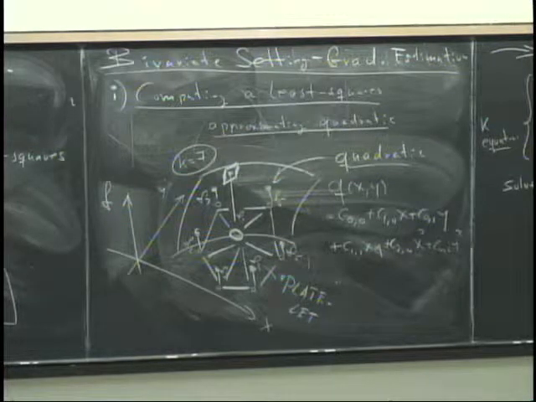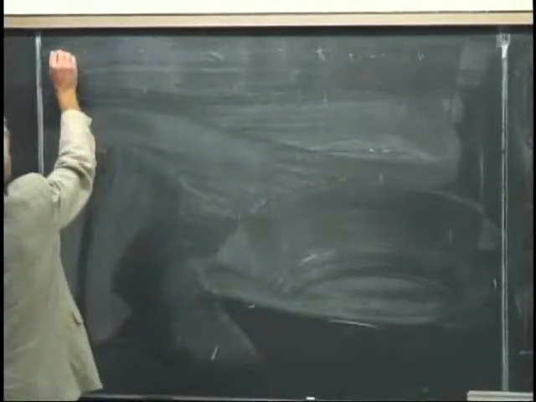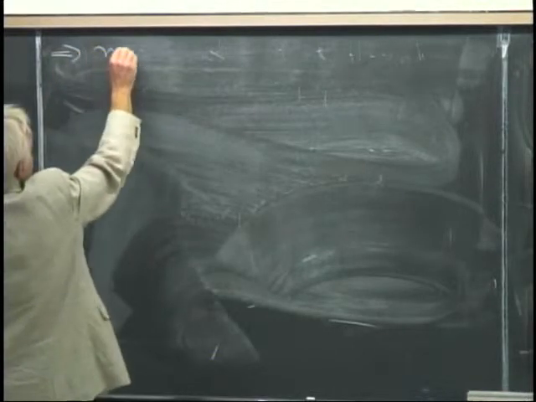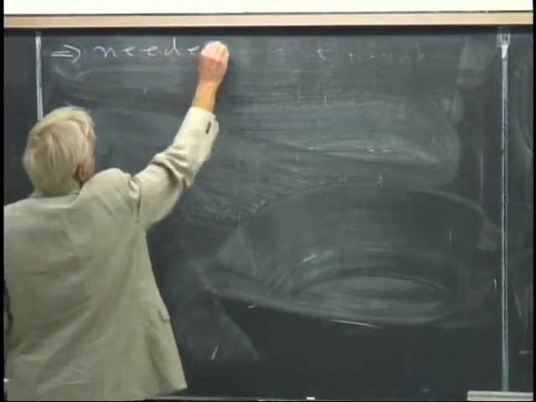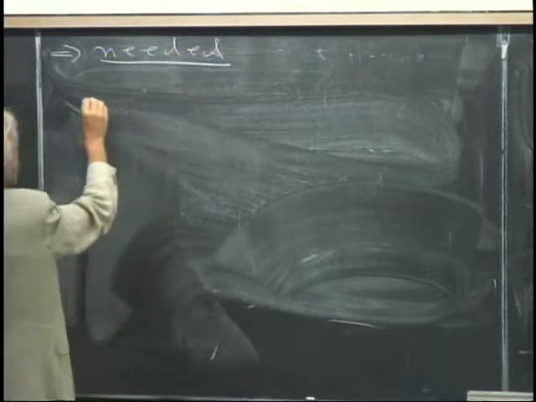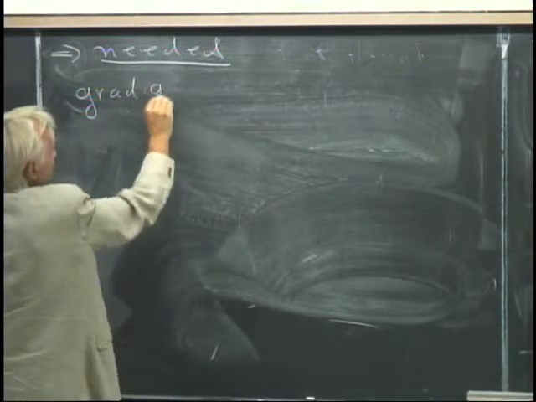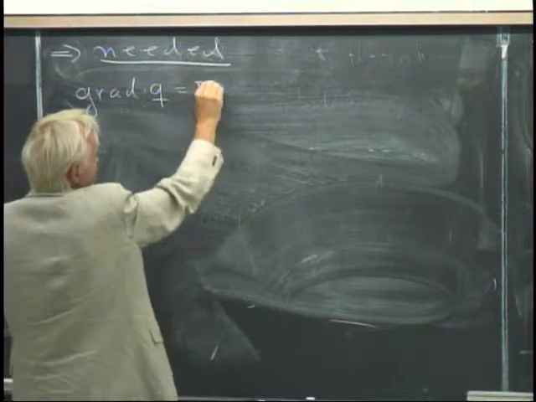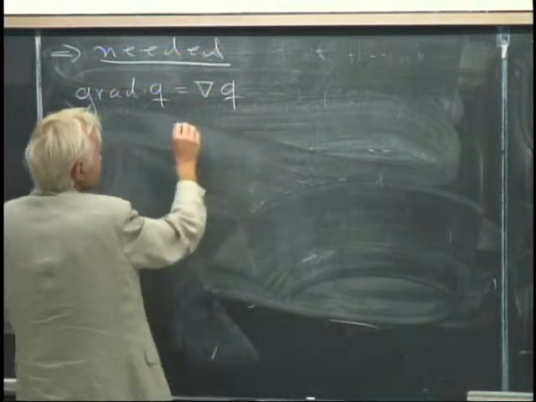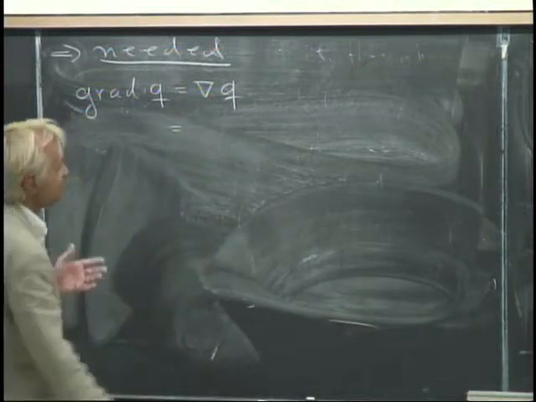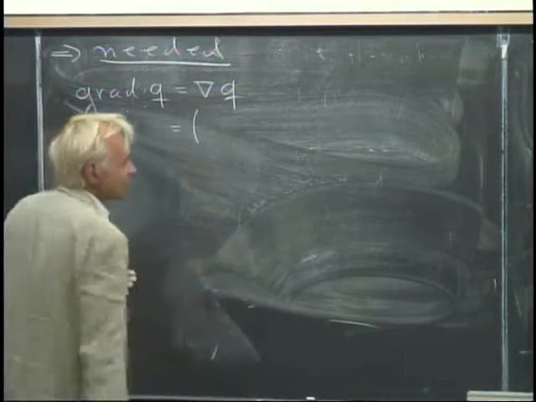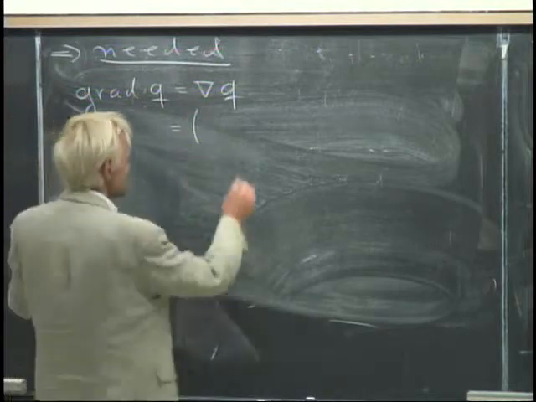So what we needed is the gradient of that, grad q, which is a vector quantity consisting of 2 components. The first one is, what is it?